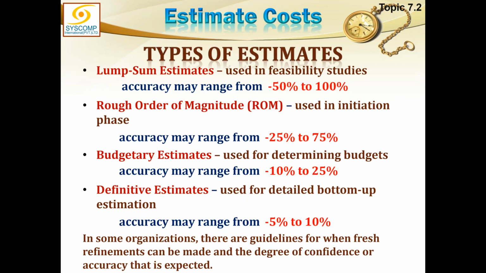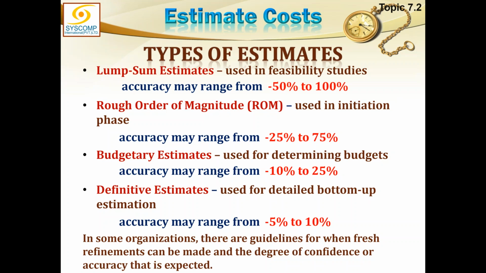But how much variance are you expecting out of it? Such a rough estimate, such a guesswork, we expect that if I quoted 100,000 rupees for a job, then it can be done in minus 50% or as much as 100% more.